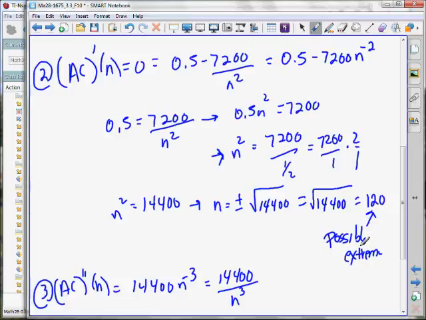Now, what do I need to know in order to determine if 120 minimizes cost or maximizes cost? The only thing I need to know is what? Do I really need to cube 120? What information does the second derivative tell me?